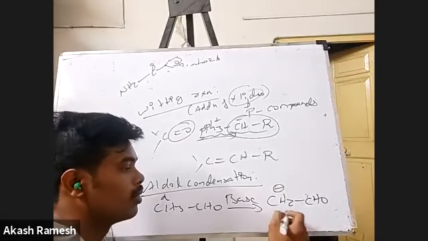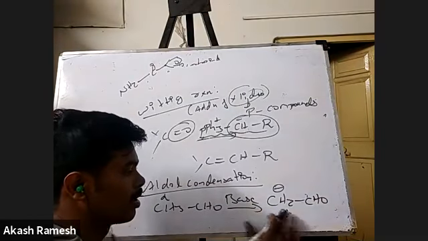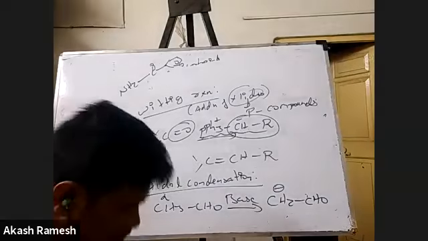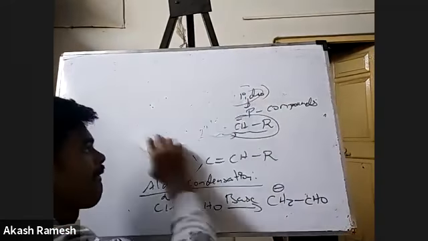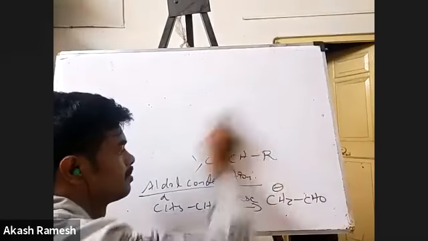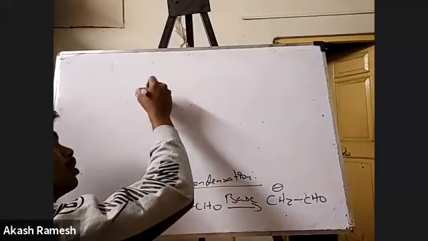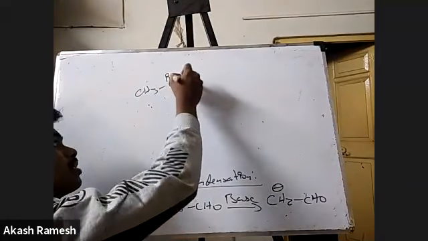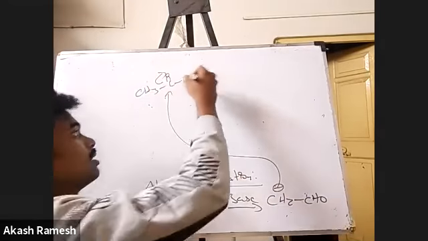Okay, now you will see that there'll be another molecule. Okay, maybe I'll write it at the top. So there'll be another molecule of this CH3CHO. Now this will attack here, and this comes out.